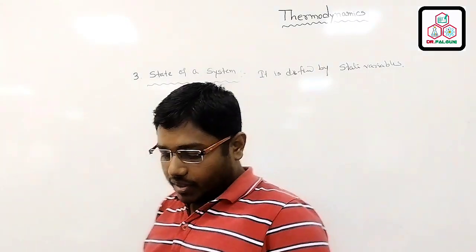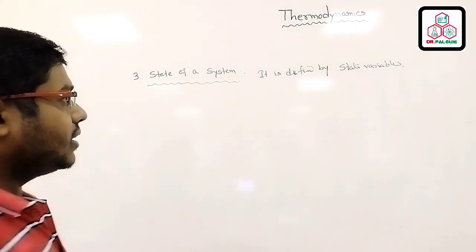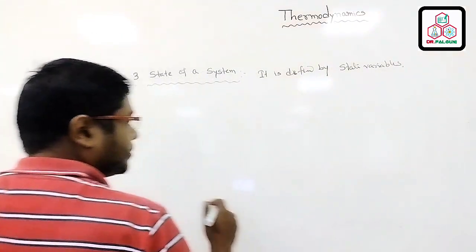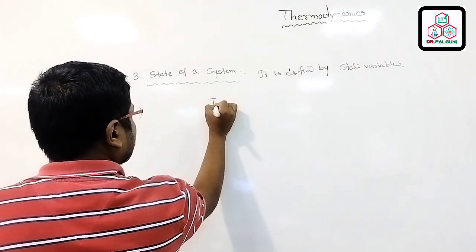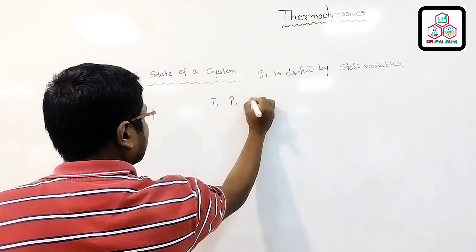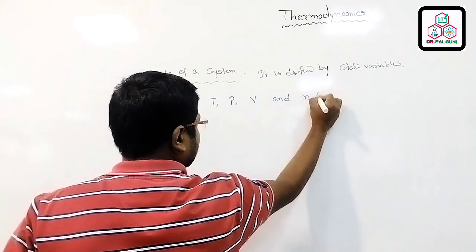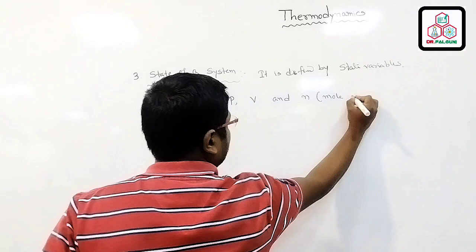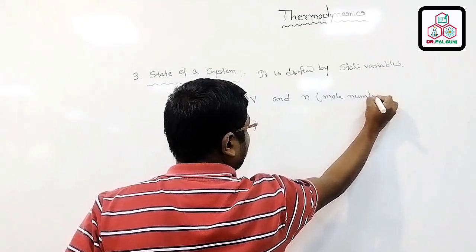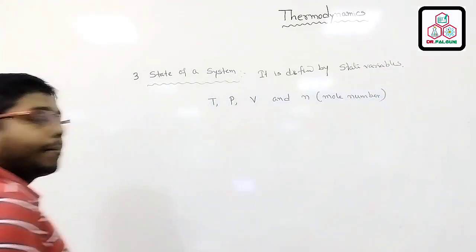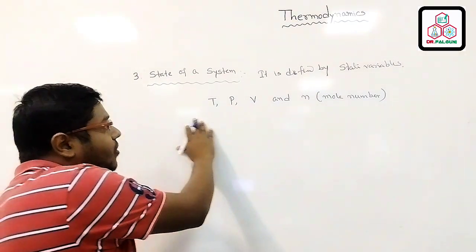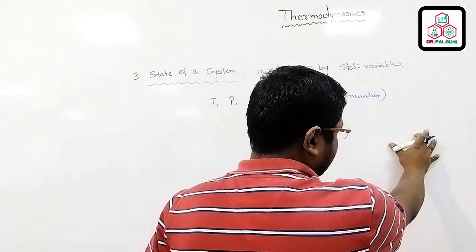So what are the state variables? State variables are temperature, pressure, volume and N. This is the mole number. Okay, so these four are the state variables.